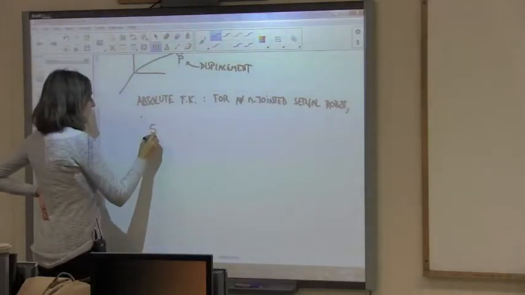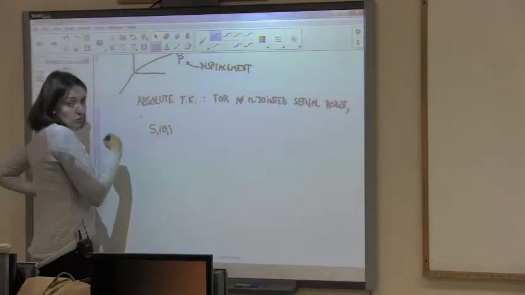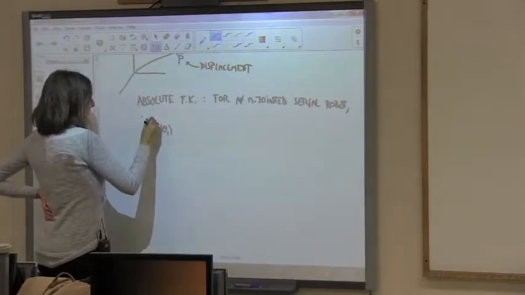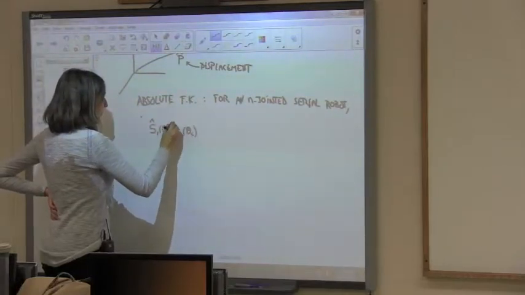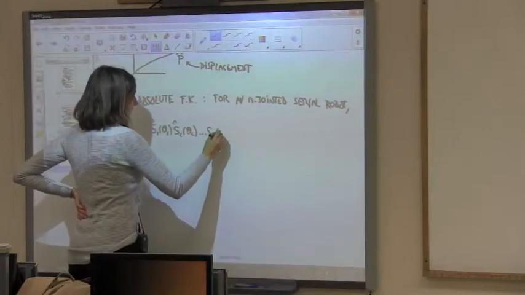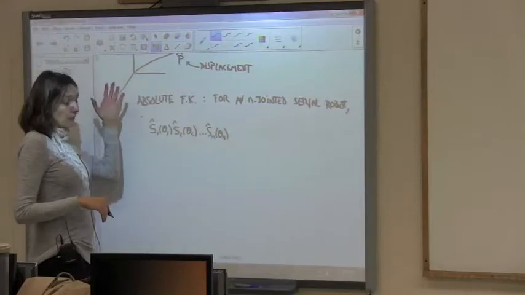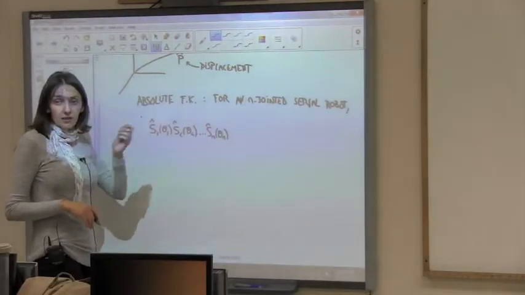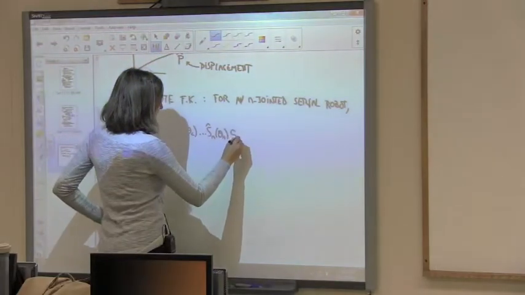That will be S1 of theta 1, S2 theta 2, up to Sn theta n. I'm putting theta as the variable, though it could be a slide. And now if we want the absolute forward kinematics, we multiply times the first transformation, let's call it S0.